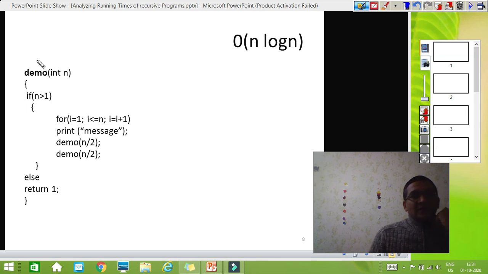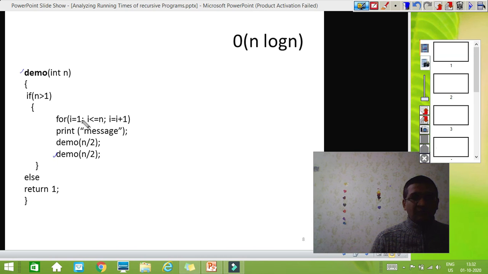We have another recursive algorithm. Here you can see this is demo again called here, but its nature is different. Here we have called 2 times with the size just half of the initial size, which is n, and now it becomes n/2, n/2. And also, if you look at this in the main body, we have a for loop which does some task.